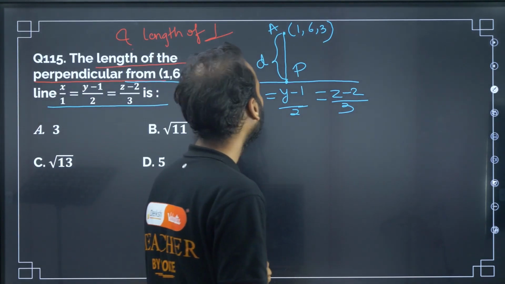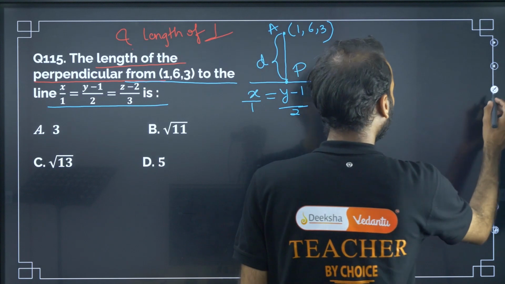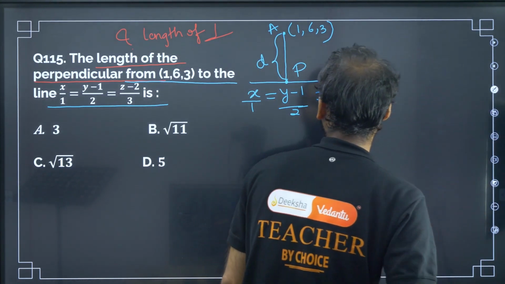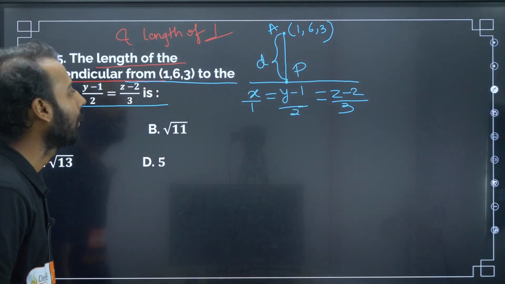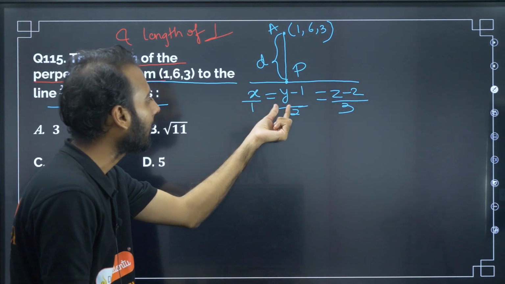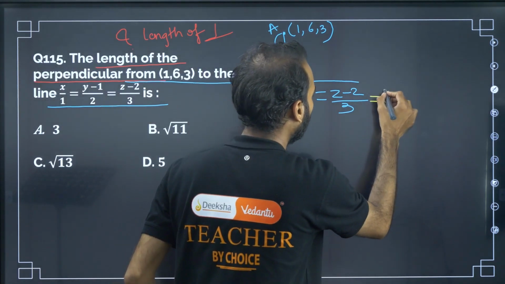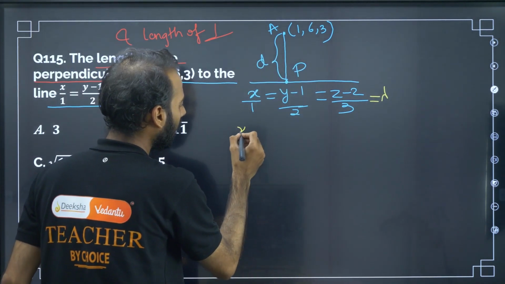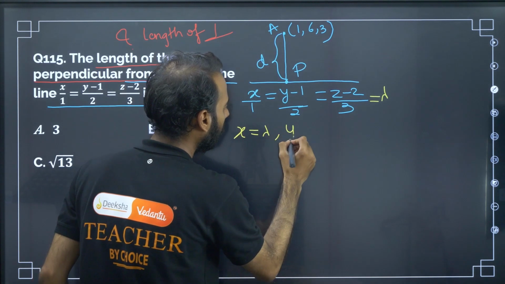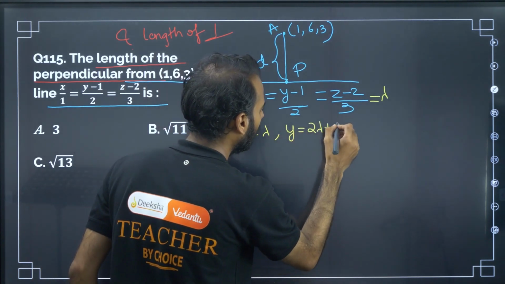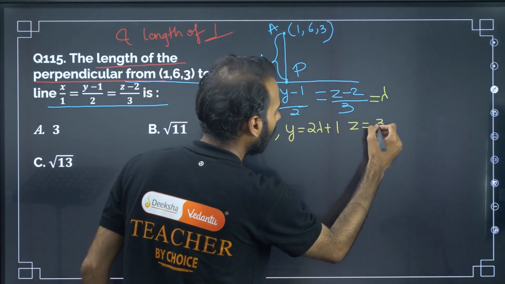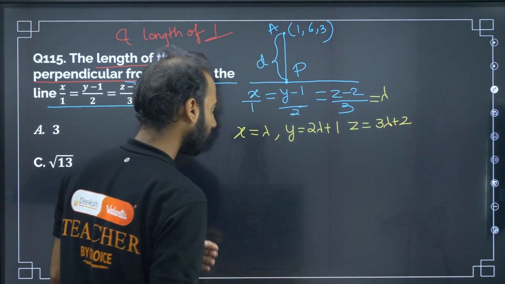How to find D? You should be able to recall one thing at this point. This P is there. If I equate this entire expression to lambda, x will be equal to lambda, y will be equal to 2 lambda plus 1, z will be equal to 3 lambda plus 2.